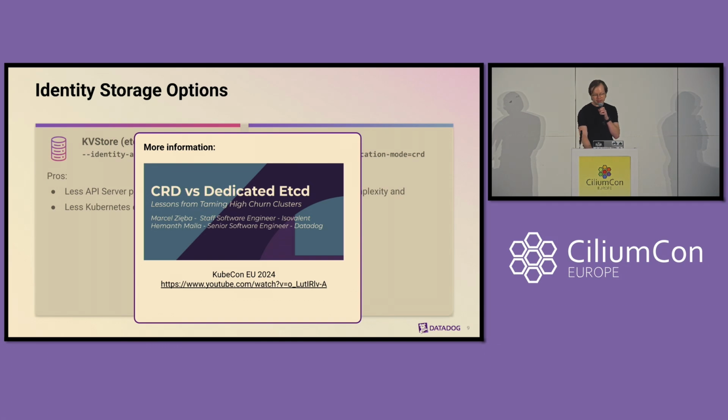But I actually don't have time to go into all the performance implications for these two storage modes, but you can consult this interesting talk from last year from Marcel from Isovalent and Hemant, my former teammate.